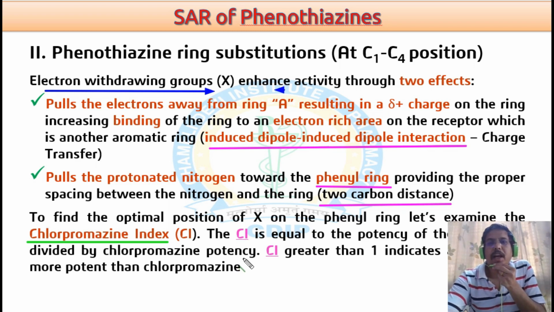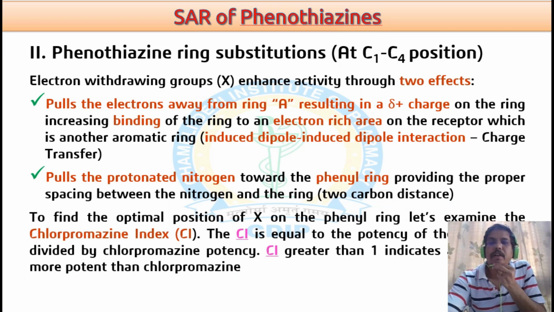If the chlorpromazine index is less than 1, then it is less potent than chlorpromazine, and if it is more than 1, then it indicates the compound is more potent than chlorpromazine. So we just take the tour of different derivatives of phenothiazines, how their chlorpromazine index appears.